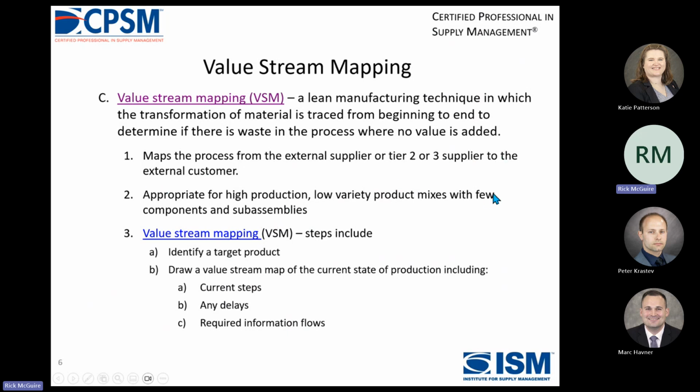It's appropriate for high production, low variety product mixes with few components and sub-assemblies because it's a lot of work. So usually purchasing will not do a value stream map, although we need to be able to read one. Usually a value stream map is done by somebody in manufacturing, engineering, or quality.